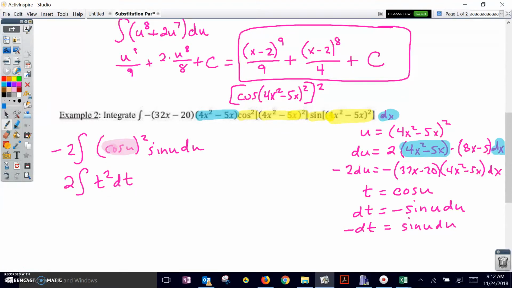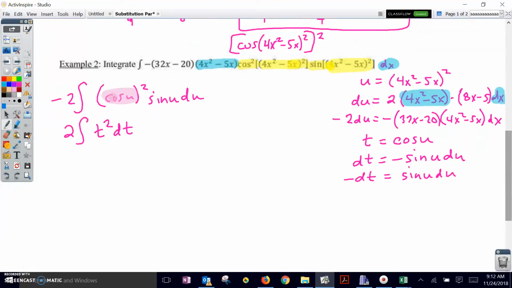And now I can go ahead and integrate. The integral of that is going to be t to the third over 3 plus a constant. And then I want to bring t back. So I've got 2/3 times cosine of u to the third.